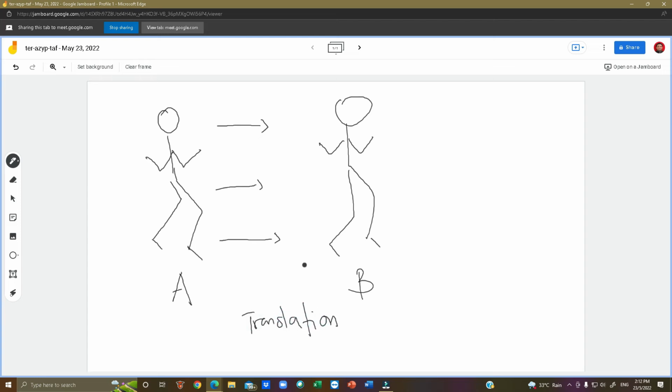Pergerakan berubah tempat, translate. Okay, from one point to one point. But in order for human to actually move, kita kena ada rotation dekat sini, betul tak? We are going to have rotation at our hips, we are going to have rotation at our knee, we are going to have rotation at our ankle, dorsiflexion, plantar flexion. All of this rotation is known as angular motion.